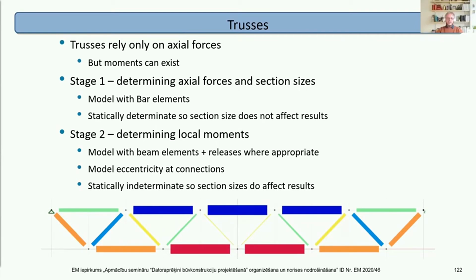Well, as a general rule, you've got to design for the forces and moments which are there. So if the end bit of the truss is working as a cantilever beam, then you've got to make sure that you design it for the bending moments and shear forces that are there. If you don't, how will the truss behave?